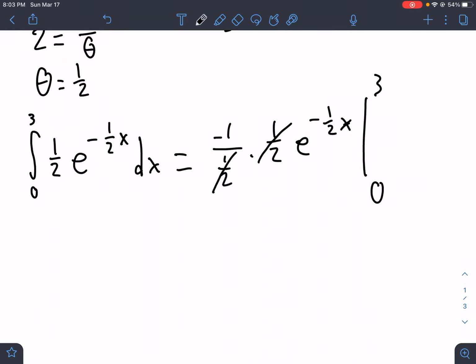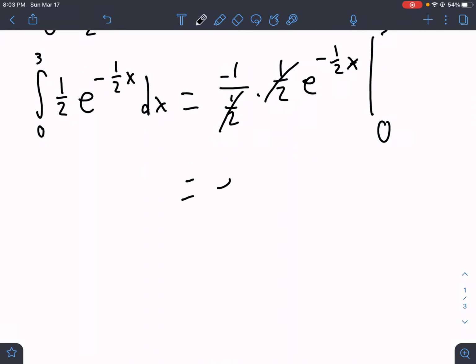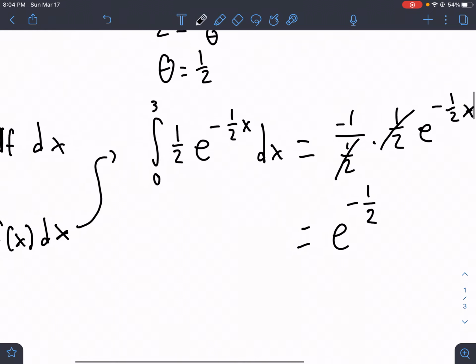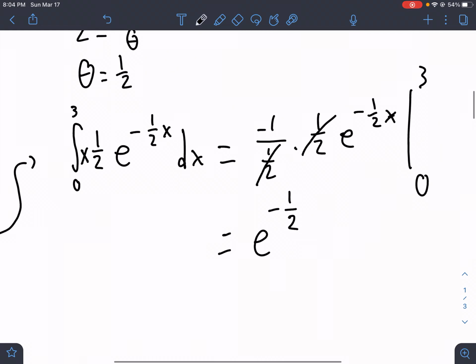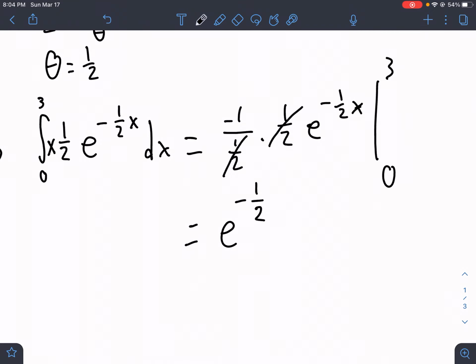And we do 0 to 3. I forgot to include an x here that I forgot to add. So that's why this 1/2 is here. It doesn't actually change anything. Okay. I'm just checking my math.